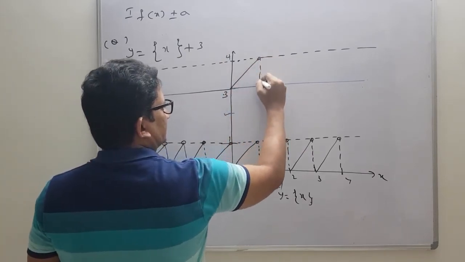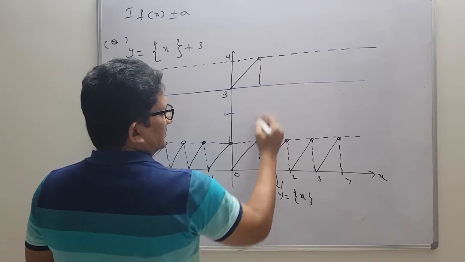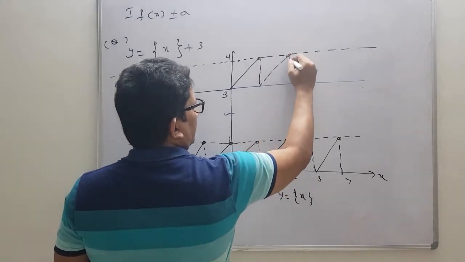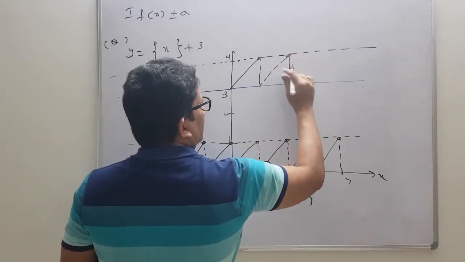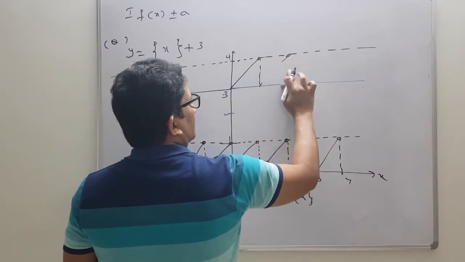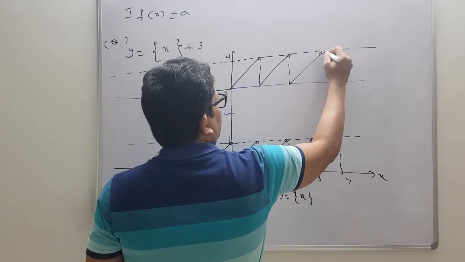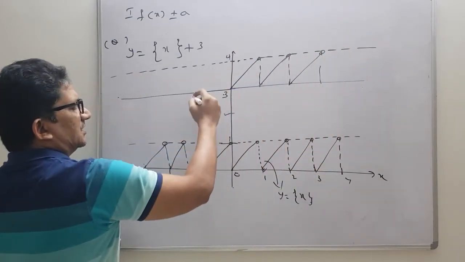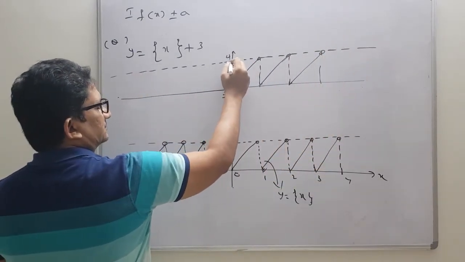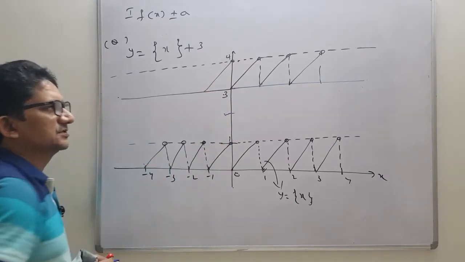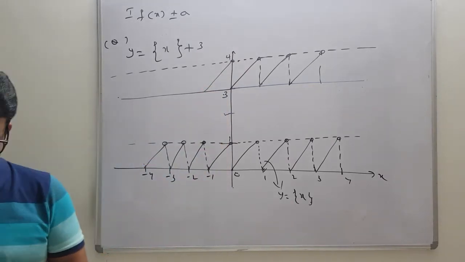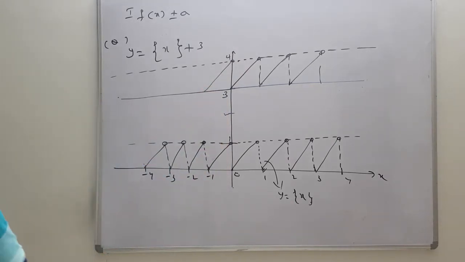So it will go for similar this thing. Like this it will continue in the other direction also, like this. So this is the graph of y equals to fractional part of x plus 3, sorry.